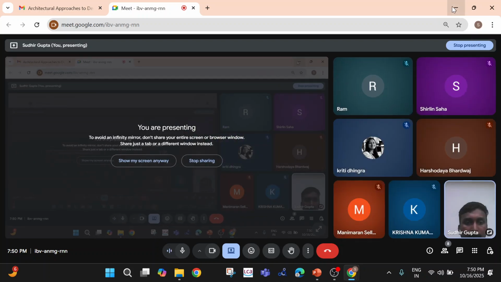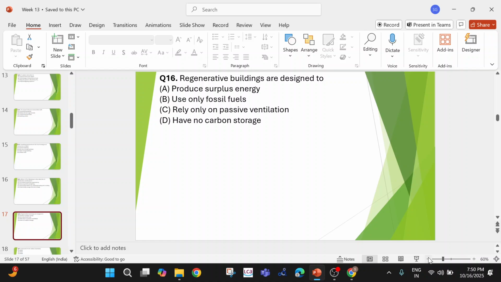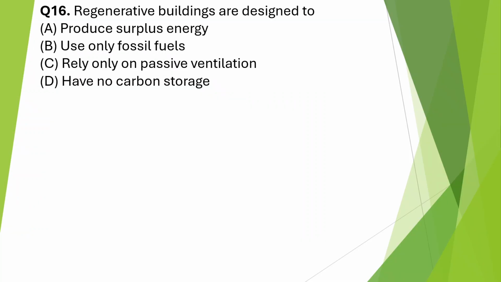Harsuda is also saying A. Most of you cannot be wrong, since all of you think in the same direction, and the correct answer is A only. Regenerative buildings are designed to produce surplus energy. That is the correct answer. The other options are not correct, such as that they have no carbon storage. That is an incorrect answer. So whoever has mentioned A, their concepts are correct.